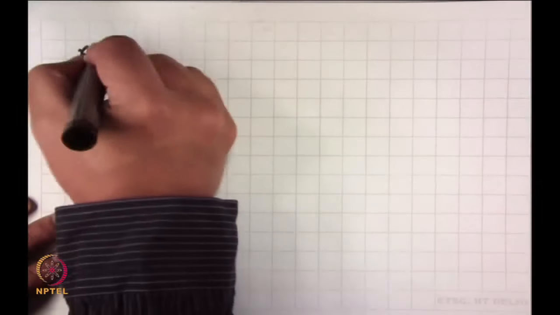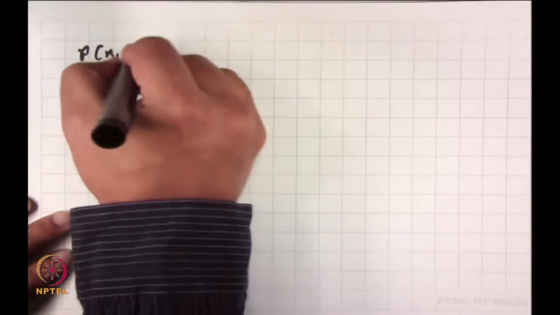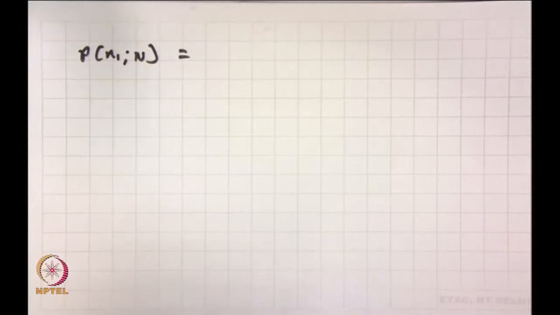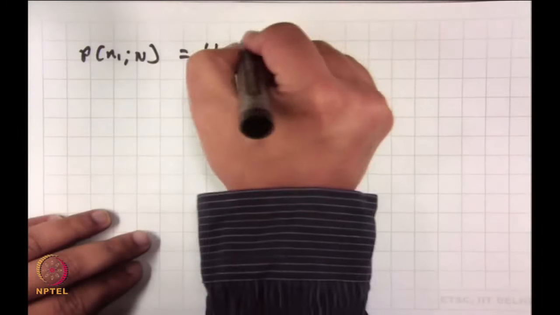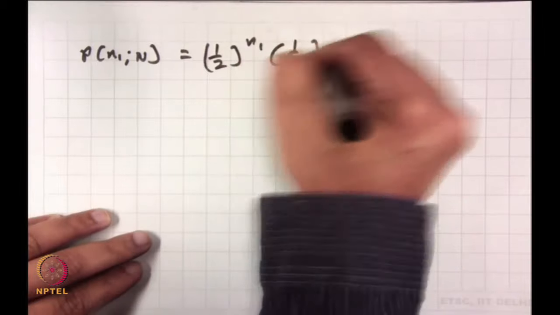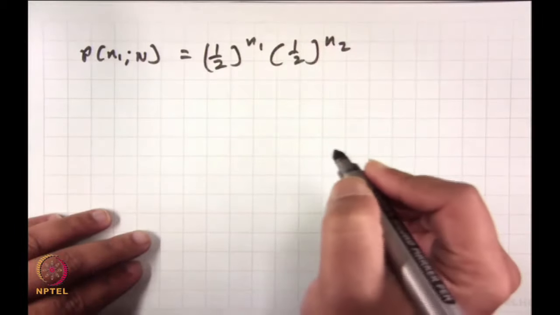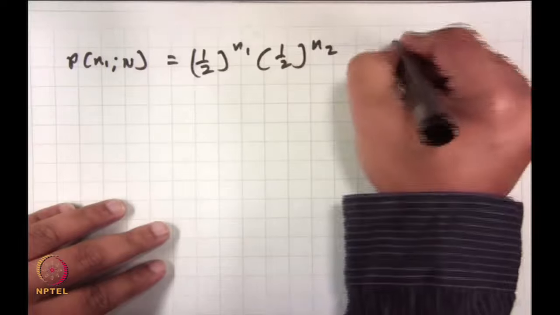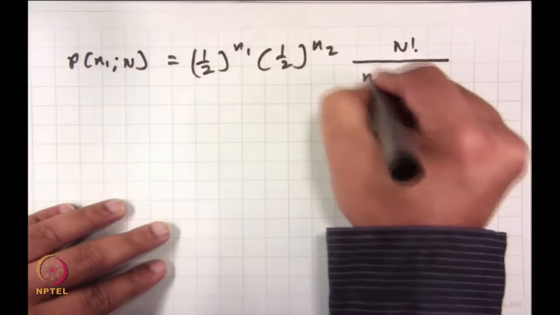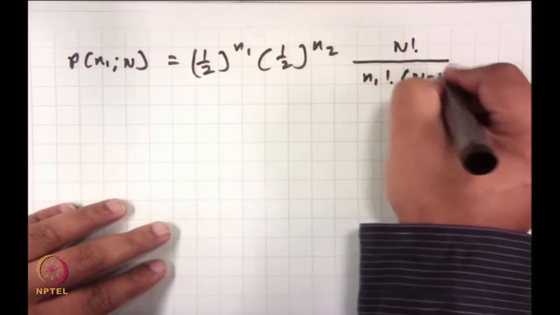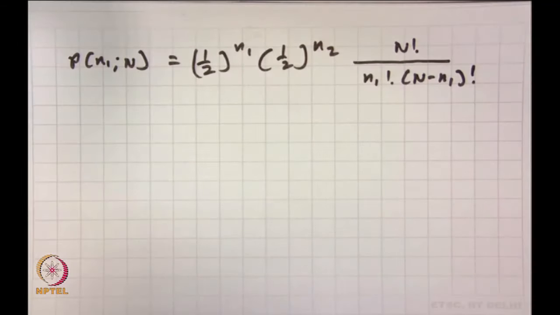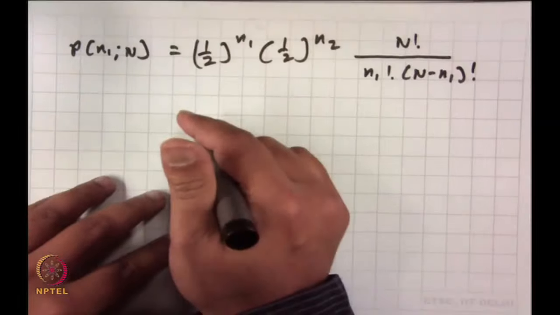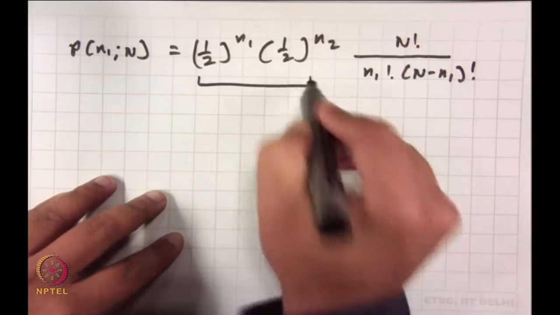Then P(n1; N) is equal to, I have p to the power n1, q to the power n2. Then it would be half to the power n1, half to the power n2. Then my factorial form. Now, what would this term simplify to?